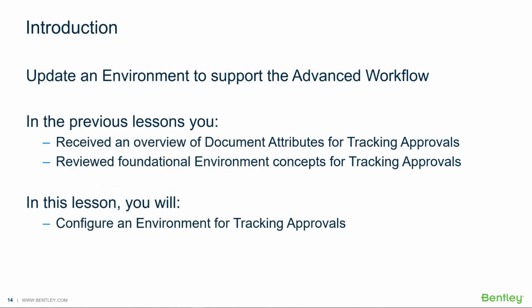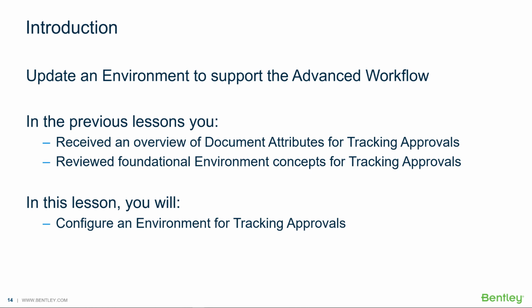We continue to learn how to update an environment to support the advanced workflow. In the previous lessons, we got an overview of how document attributes can help track approvals and reviewed key concepts related to automated attributes.